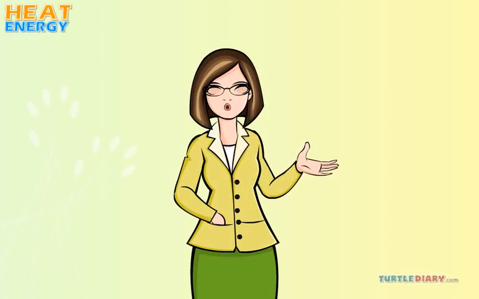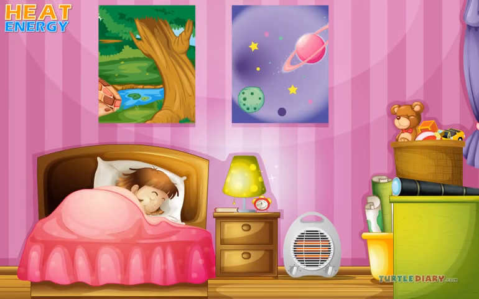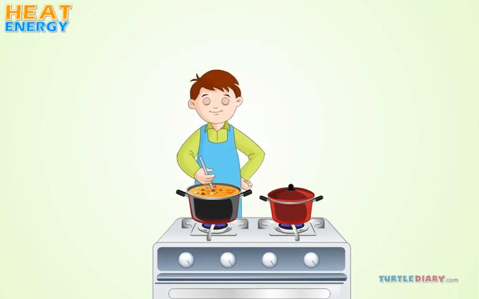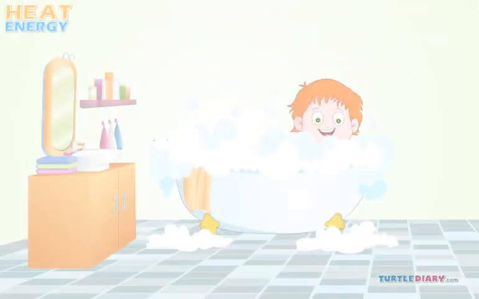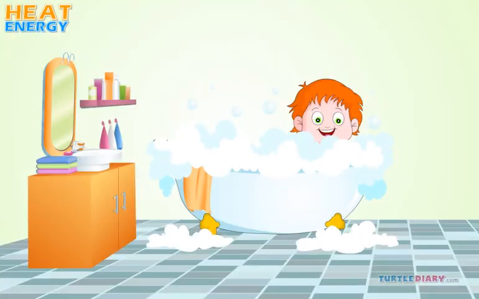Heat energy can be used for many things. The most obvious is for keeping us warm in our homes and cooking food on our stove. As mentioned before, a hot bath can be used to warm up our bodies.